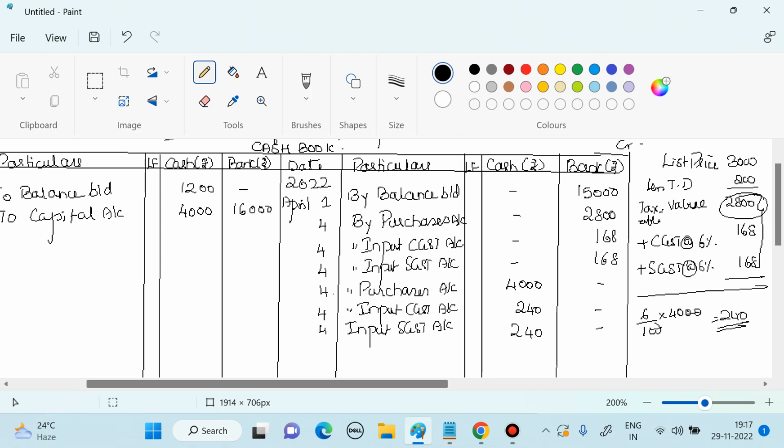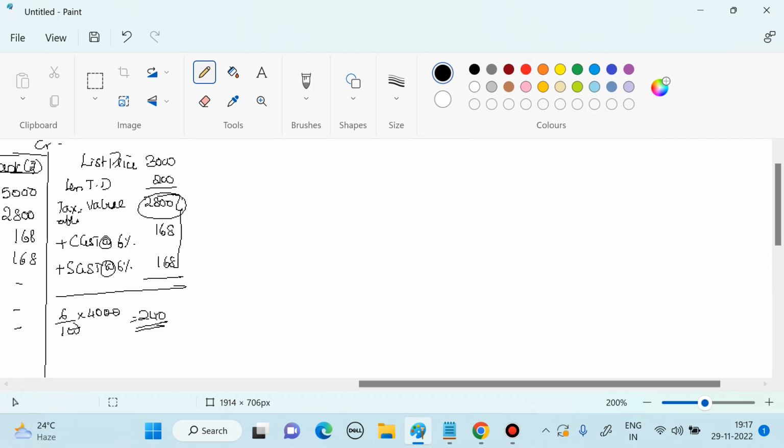So go and prepare in the next page the journal format. Prepare the journal format.